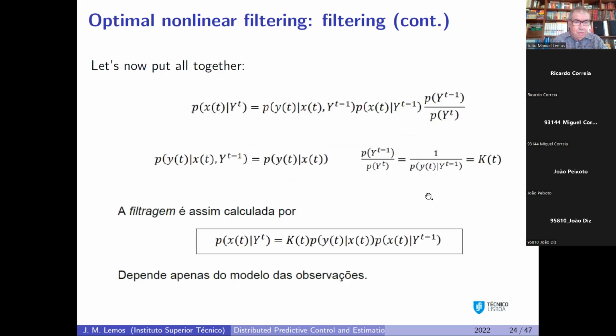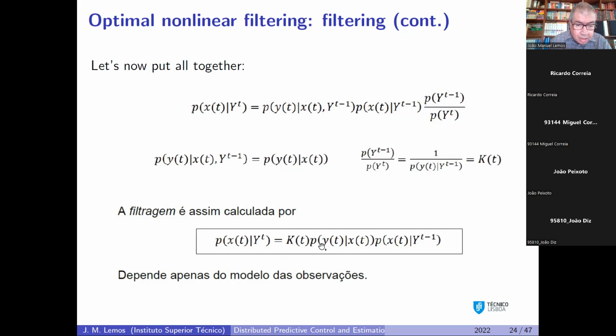So let's put everything together. If you put everything together, what do you get? You get the expression inside this square. So p of xt given the observations up to t is kt, which is a normalization constant. Remember that the integral of everything here should be 1. It's a density function.